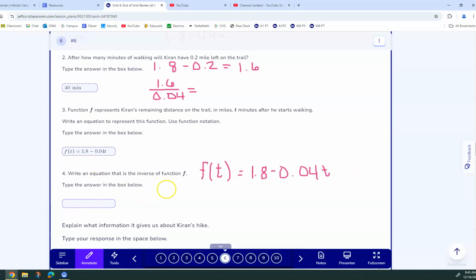All this inverse function means is that all you need to do is get the other variable, the t, all by itself. In order to do that, we're doing this just like we would with any other equation. First, we're going to move the non-variable term, which is this 1.8. So we're going to subtract 1.8 from both sides.